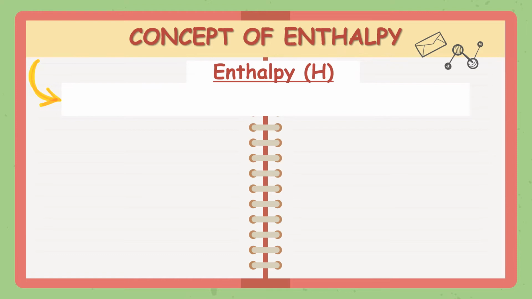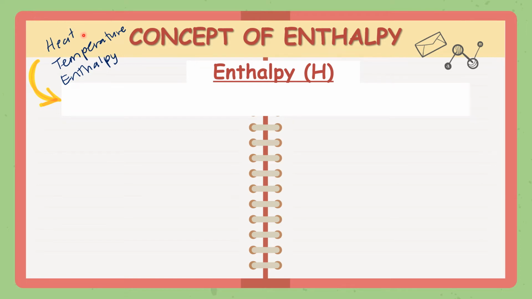We have heat, temperature, and now we have enthalpy. All talk about similar things, but they are actually different. So let me refresh your memory. Heat is energy, it's a type of energy transferred.